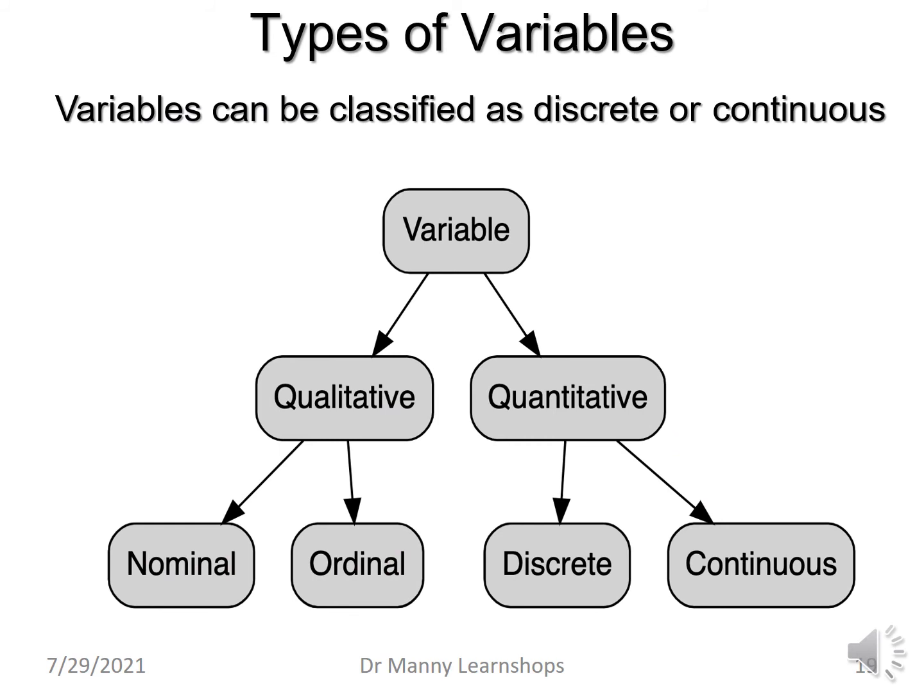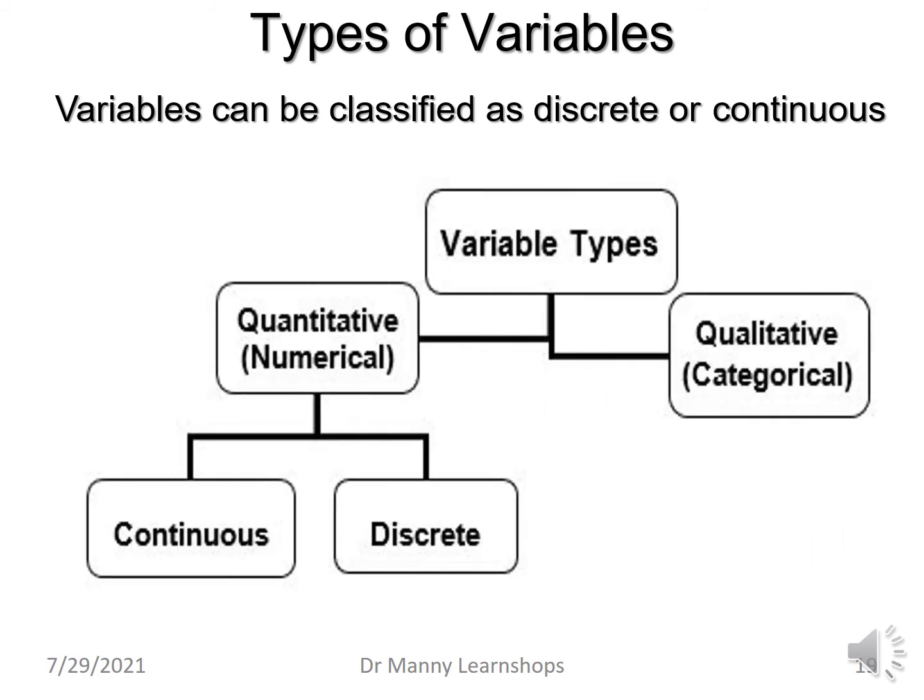So, reviewing again, variables can be classified also as discrete and continuous. So a variable, we said, can be qualitative or quantitative. If they're qualitative, they're nominal or ordinal. If they're quantitative, they can be discrete or continuous. In quantitative, as a numerical, they are continuous and discrete. In qualitative, they're categorical.